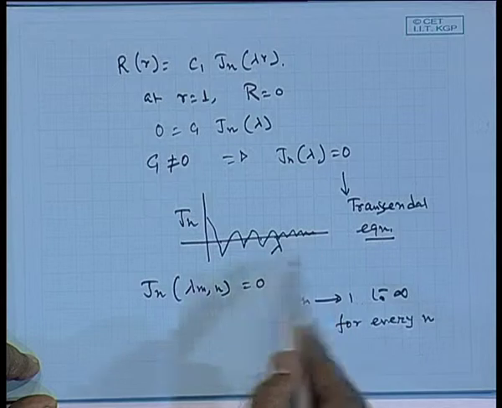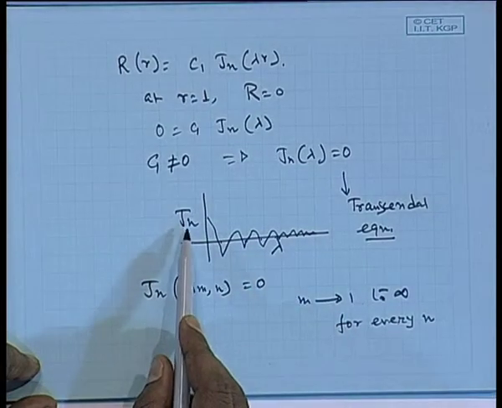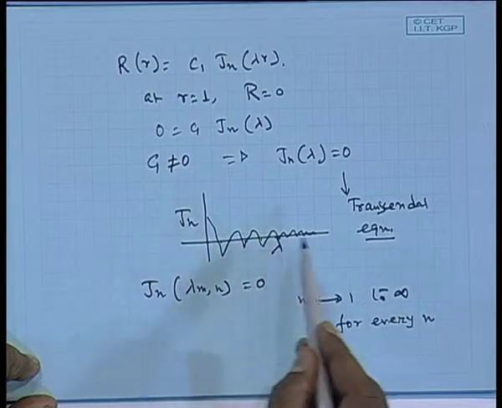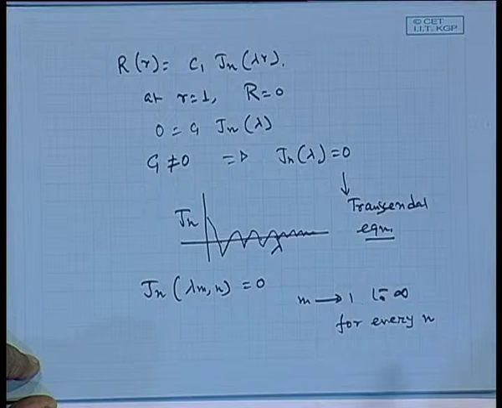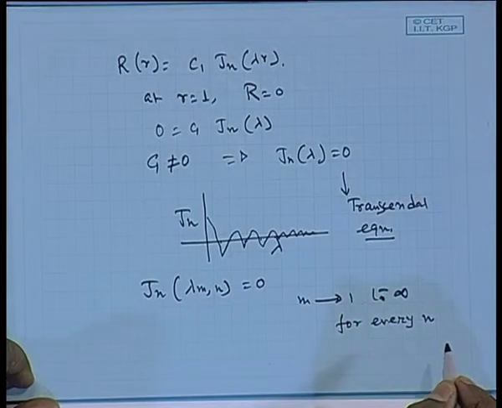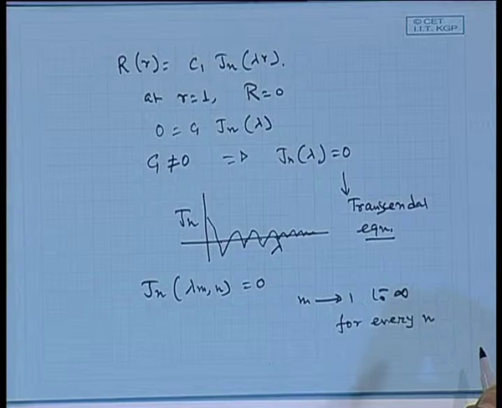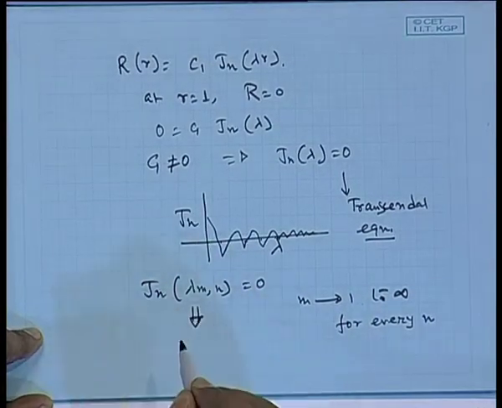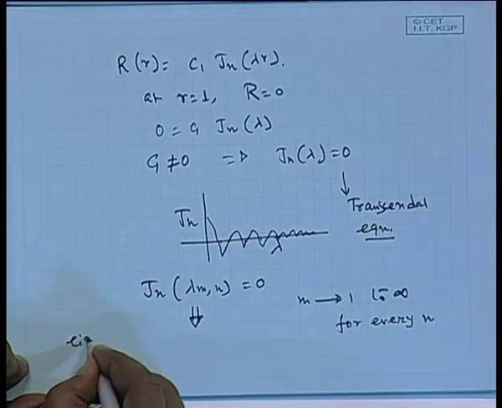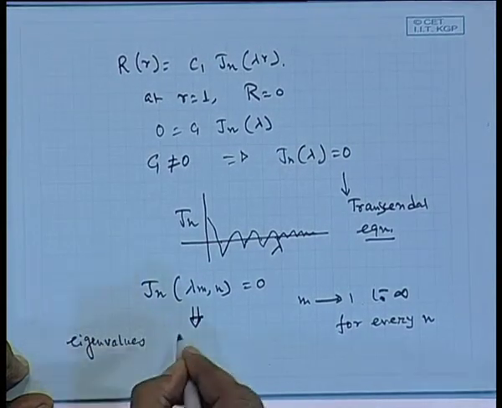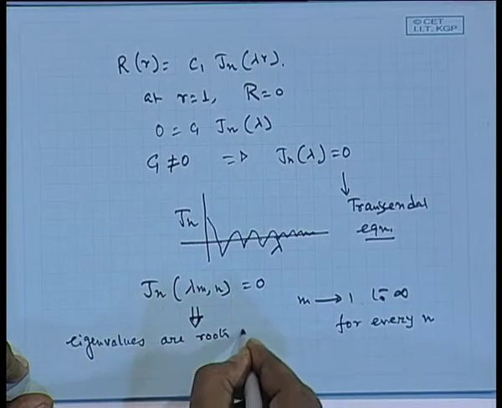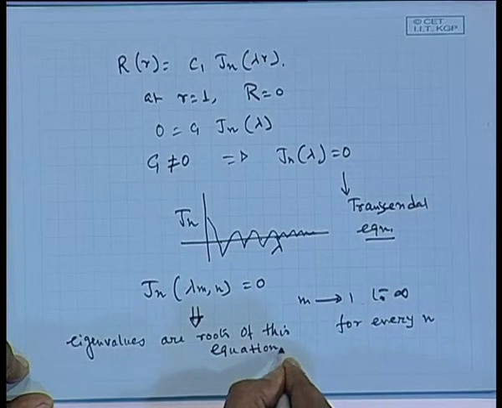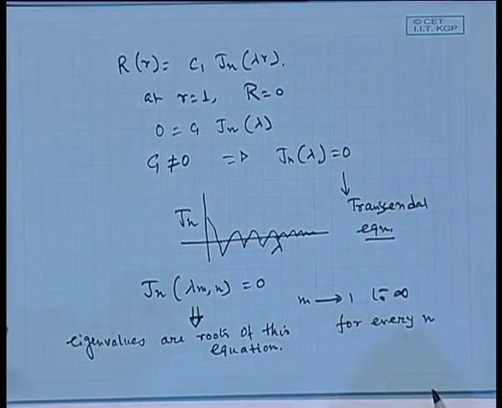This is a generic version of the variation of J_n. If it is J_1, it also cuts the x axis an infinite number of times. If it is J_3, there will also be an infinite number of roots. So, for every n you will have an infinite number of roots of this equation. These will be the eigenvalues. So, eigenvalues are basically roots of this transcendental equation.